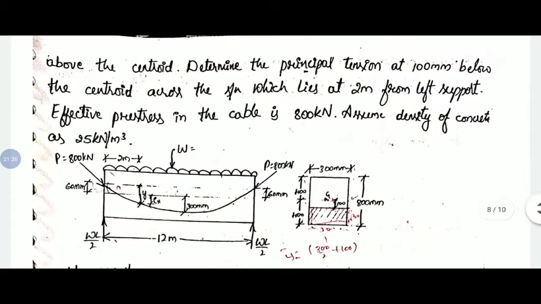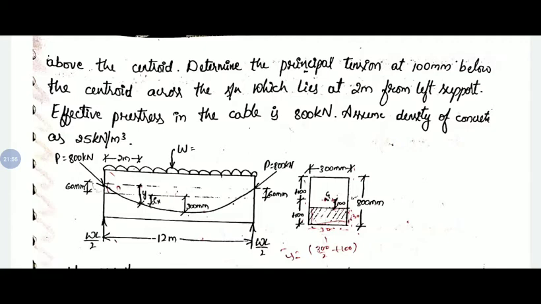Then determine the principal tension at 100 mm below the centroid across the section which lies at 2 meter from the left support. Effective pre-stress is 800 kilonewton. Assume density of concrete 25 kilonewton per meter cube.